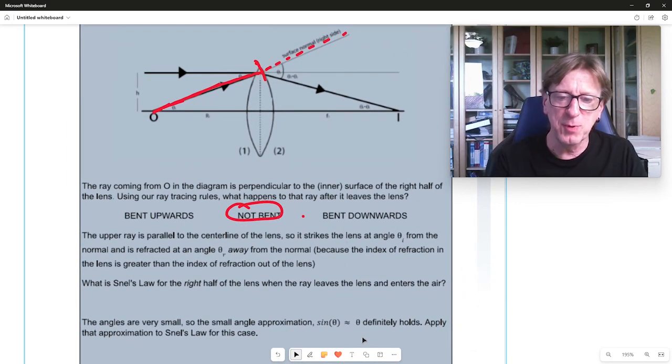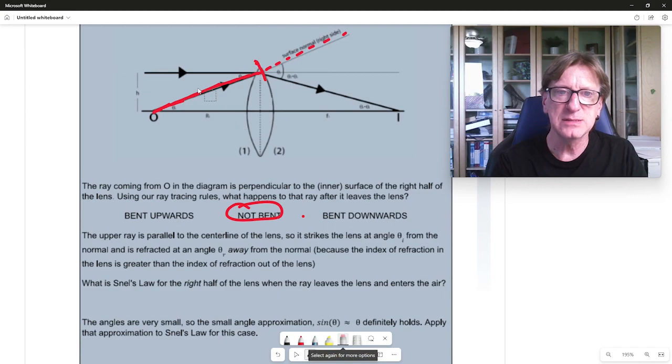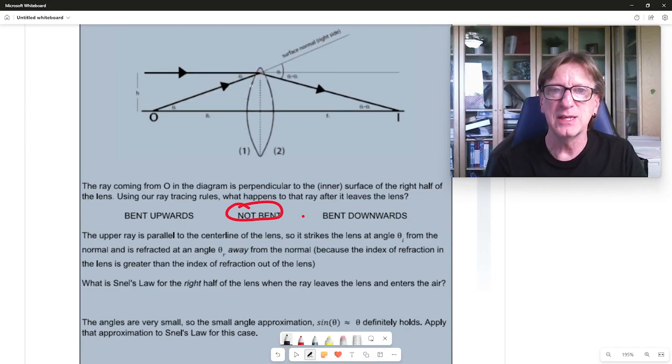Okay, now the upper ray, let me go ahead and erase this part. The upper ray is coming in parallel to the center of the lens. So it's going to strike this surface right here at some angle from the normal. The angle at which it strikes is going to be theta I. We'll make that a little bit bigger so that you can see it.